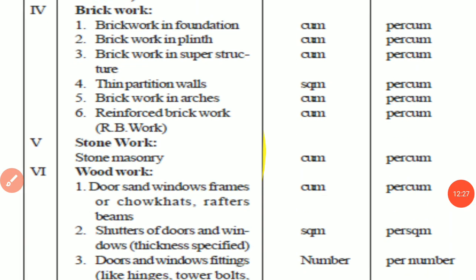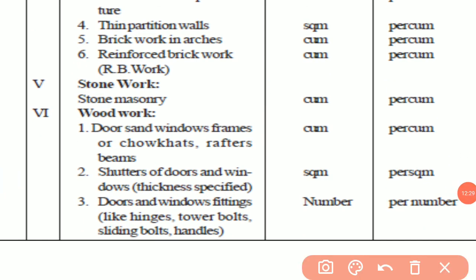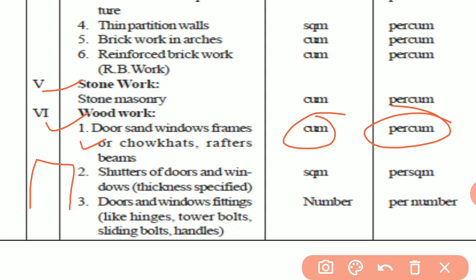Now the next unit of measurement is stone work. Stone masonry is measured in cubic meter only. Now the woodwork. There are again some subheads, so see one by one. Door and window frames or chokhuts, chokhut means panels, and rafter beams are all measured in cubic meter, and the mode of payment is per cubic meter.